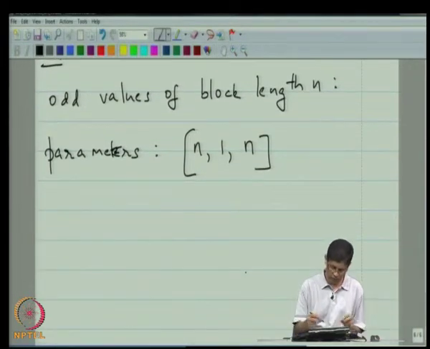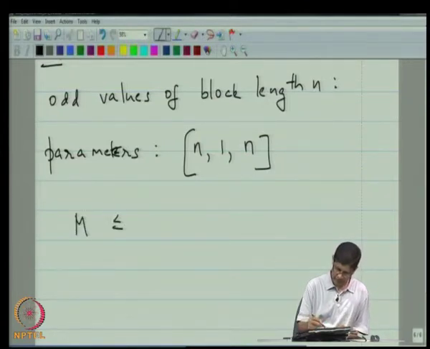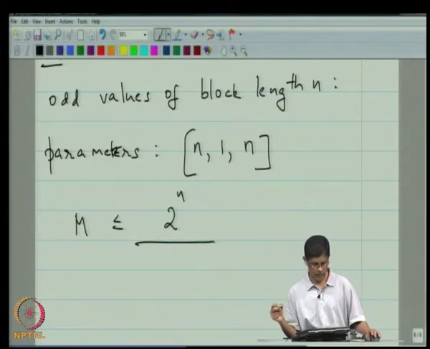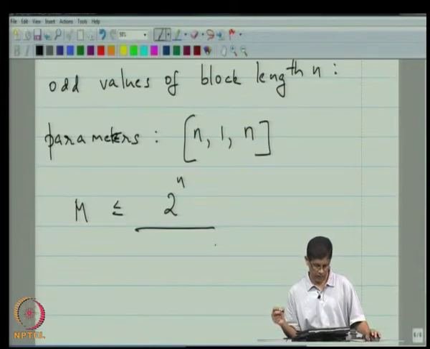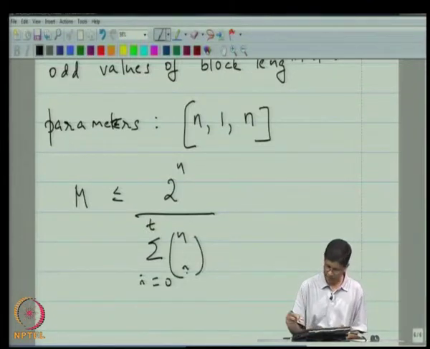Now, what does the Hamming bound say? The Hamming bound says that M in this case is less than or equal to 2 to the n divided by the sum, i goes from 0 to t, n choose i.